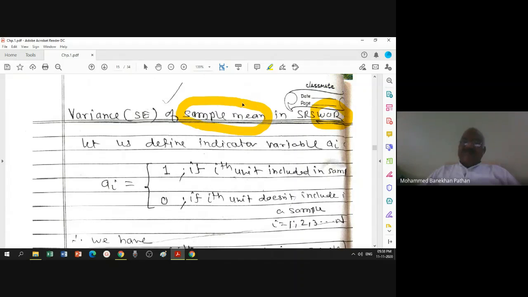Another name of sample mean is unbiased estimator of population mean. So to confuse the student, the question may be indirectly like this: obtain variance of unbiased estimator of population mean under SRSWOR. It is one and the same thing. Unbiased estimator of population mean means sample mean. So we want to get variance of sample mean under without replacement.